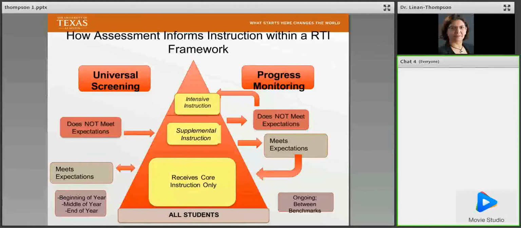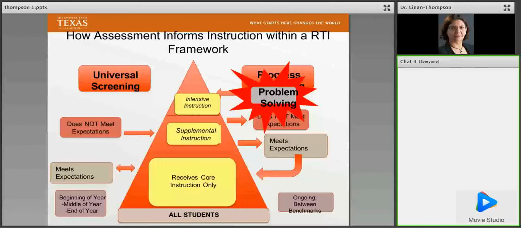But rather we think that it's in this problem-solving area where you really nuance the RTI process so that it benefits CLD students, right? So it's still just one model, one framework that needs to expand a little bit to be effective for CLD students.